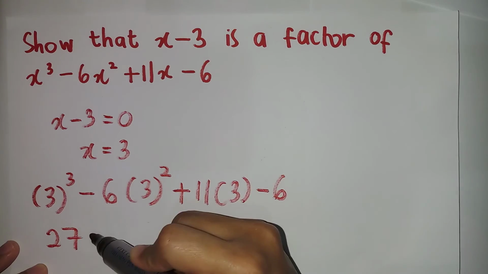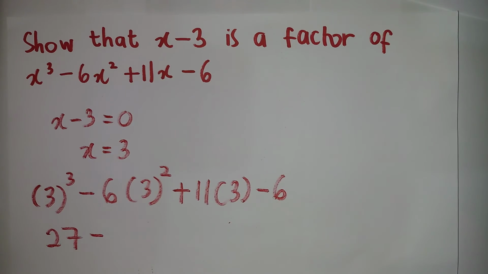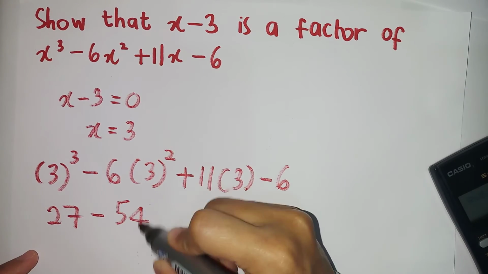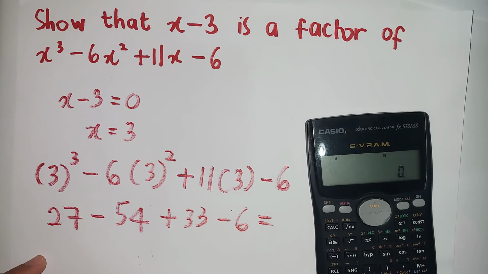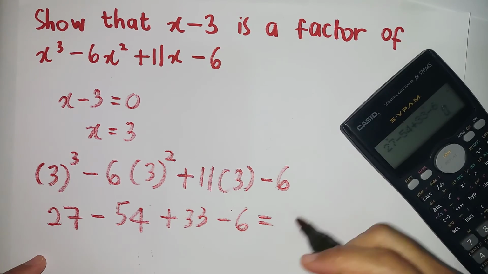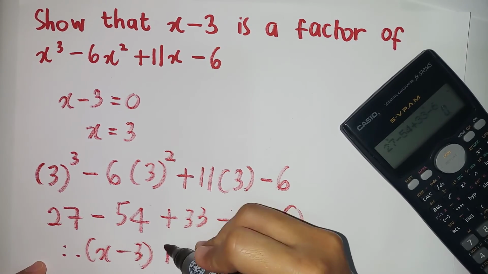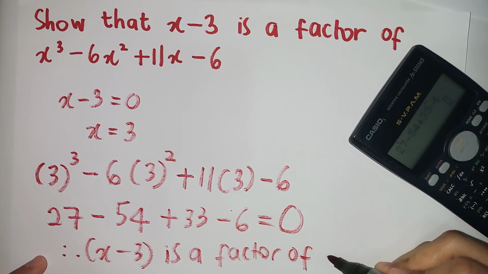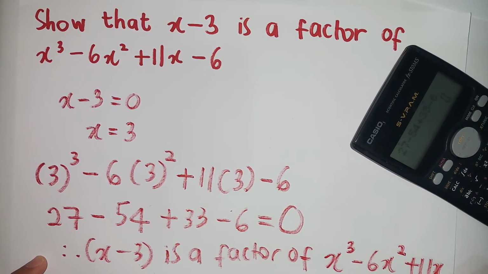That is 27 minus 9 times 6, which is 54, plus 33 minus 6. Calculate that and you will get 0. So therefore x minus 3 is a factor of x cubed minus 6x squared plus 11x minus 6.